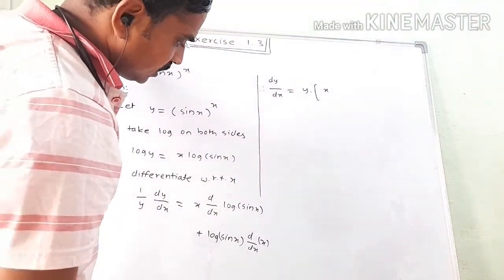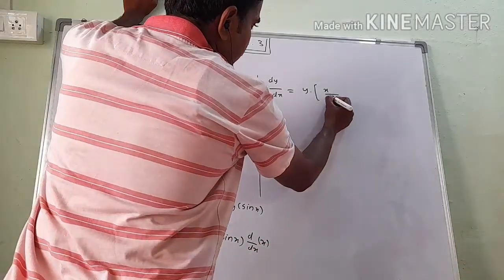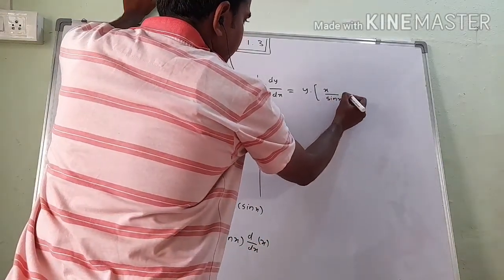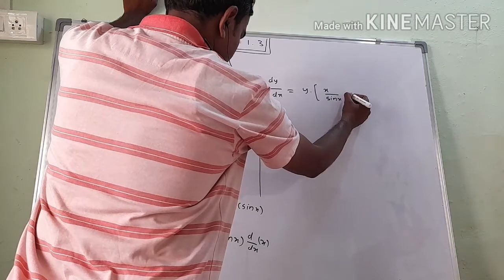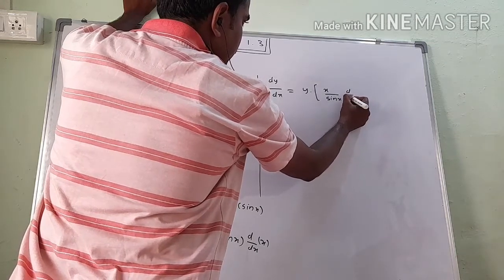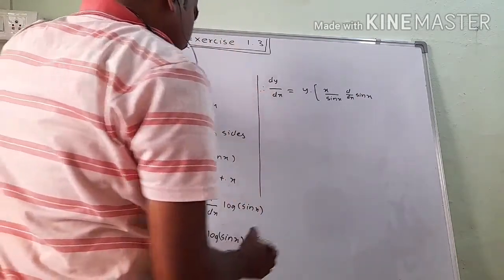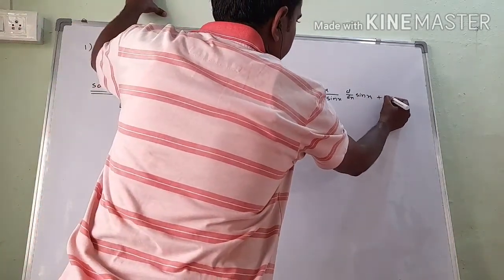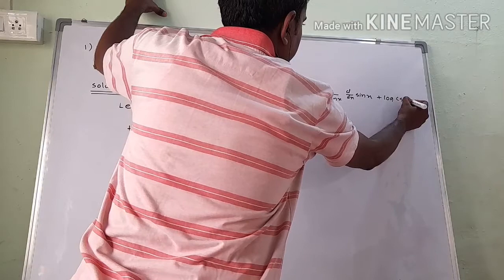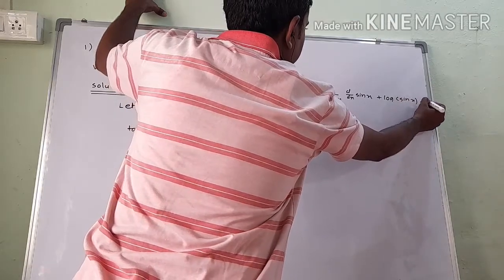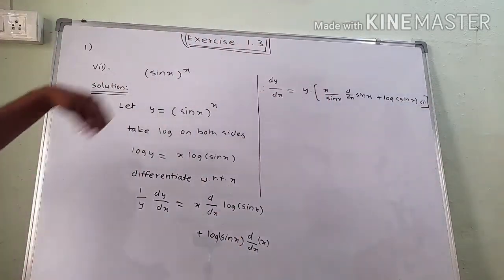The derivative of log of sin x is 1 divided by sin x into d by dx of sin x, plus log of sin x as it is. And the derivative of x is 1.